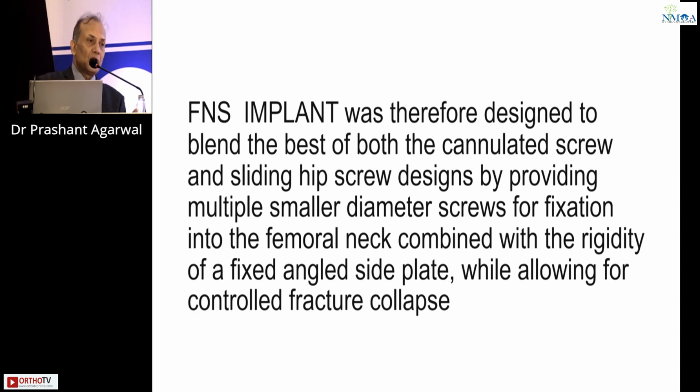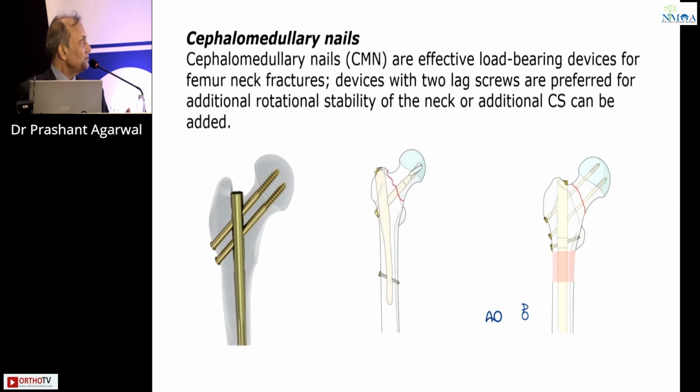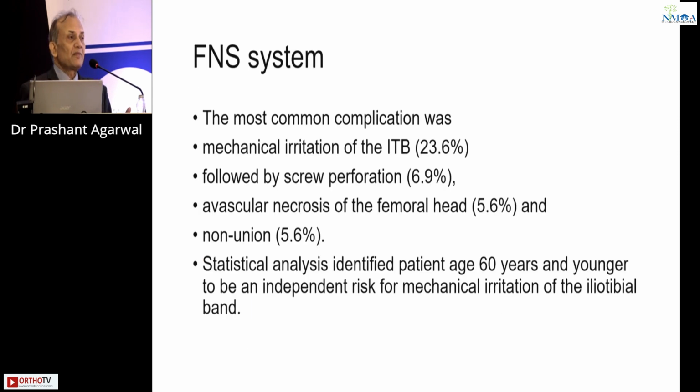Another group of implants which can be used for fixation of this fracture may be intramedullary nails with intra-locking screws. Now the FNS system is definitely superior as compared to cannulated screws and DHS with derotation screw.